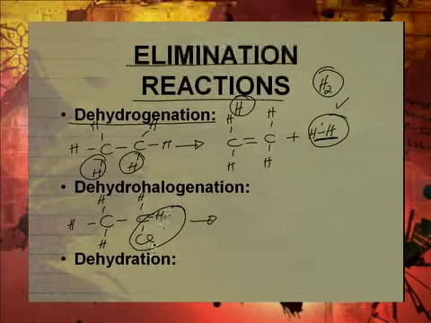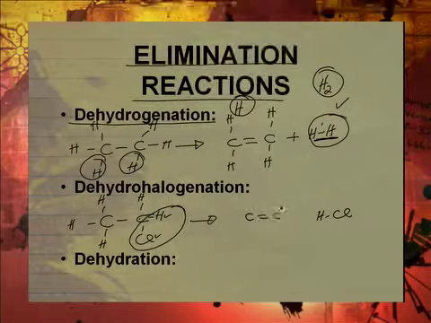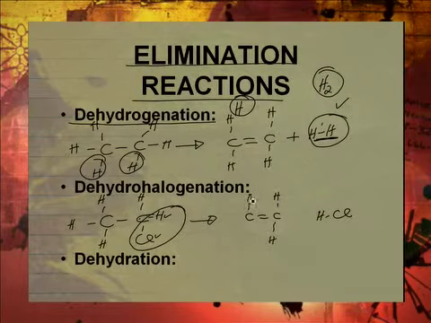You are removing a hydrogen and a chlorine. So you would form the HCl there, and then what is forming here is again your ethene molecule, an unsaturated hydrocarbon like that.